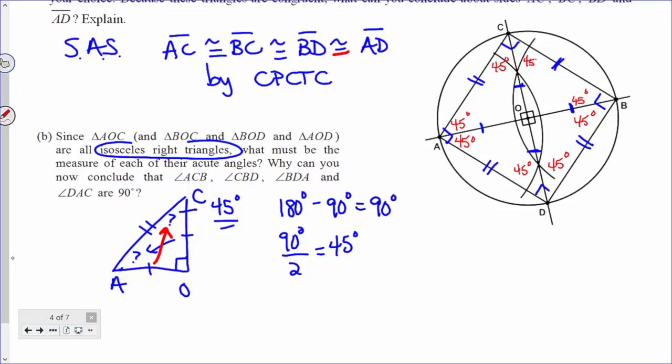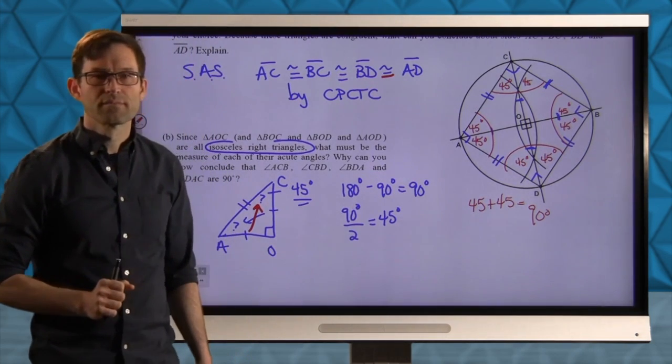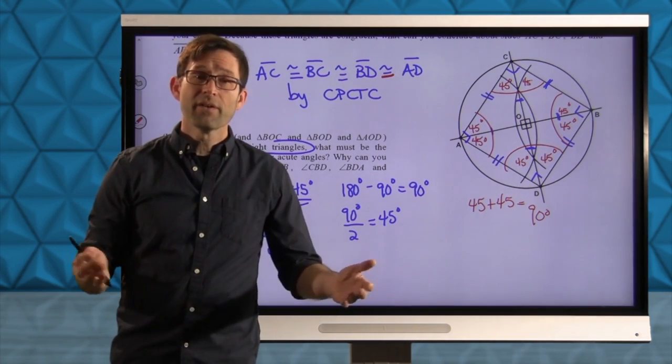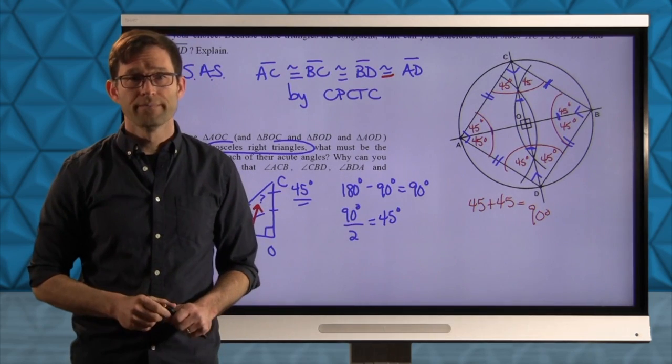All of those angles are 45 degrees. But now, since the whole is the sum of its parts, that angle, as well as this one and this one and this one, must be 45 plus 45, which is 90 degrees. And that finishes off why this has to be a square.